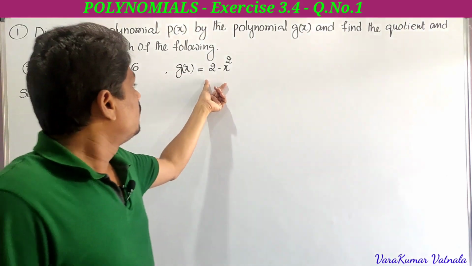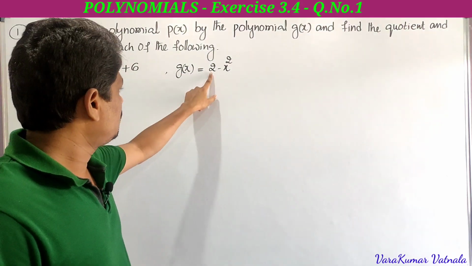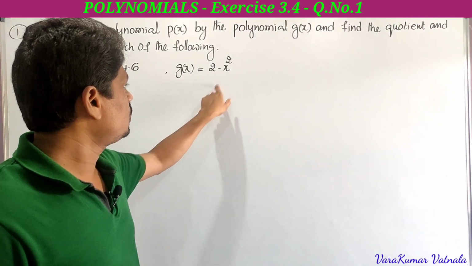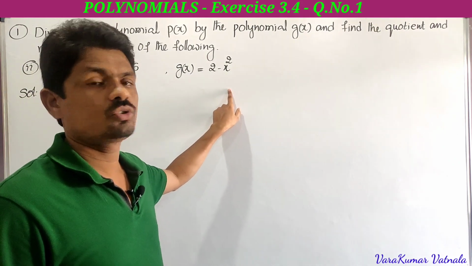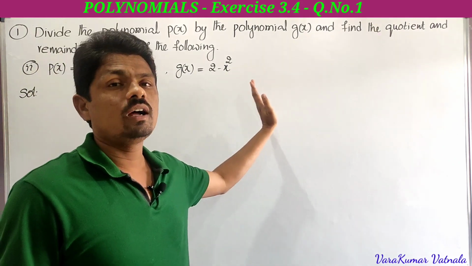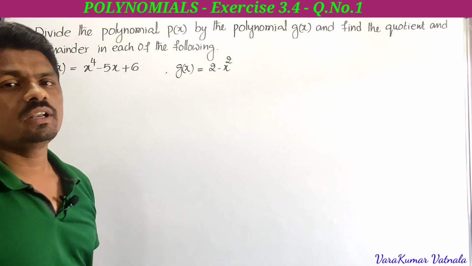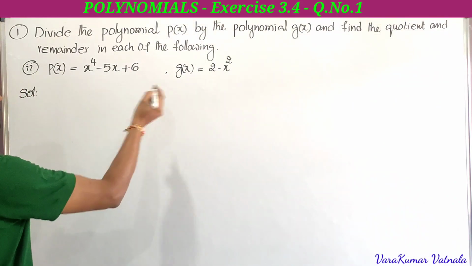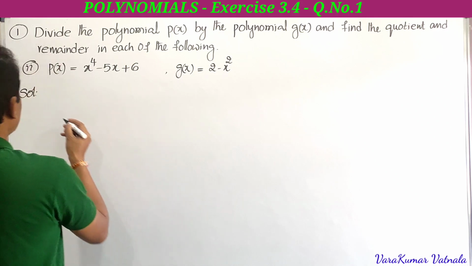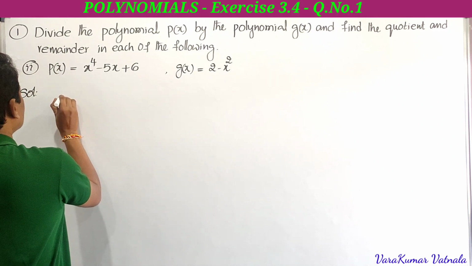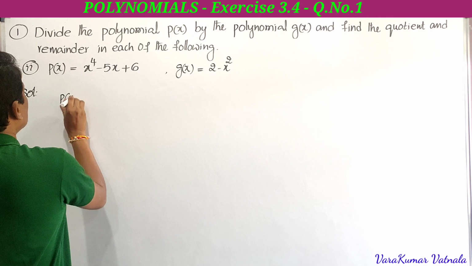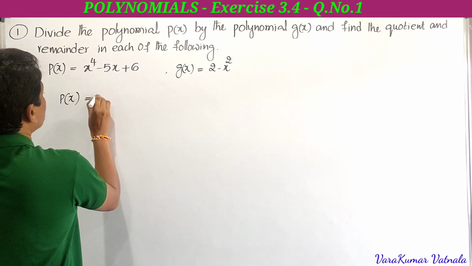Here in 2 minus x square, the degree of the constant 2 is 0, and the degree of x square is 2, so it is not in its standard form. First we have to write p of x and g of x in their standard form. So here p of x is equal to x to the power 4.